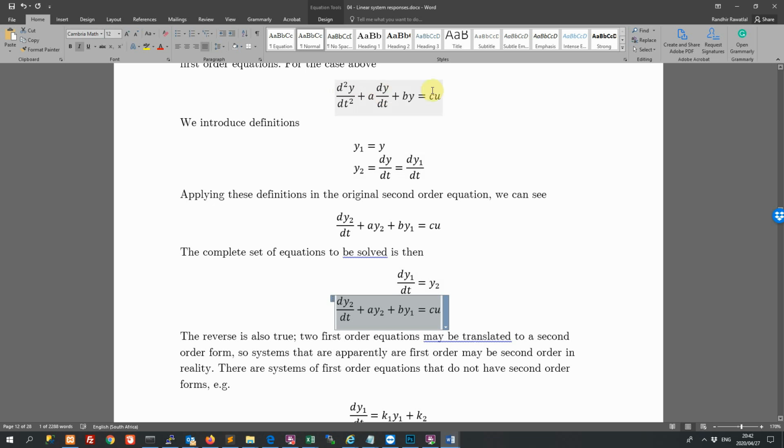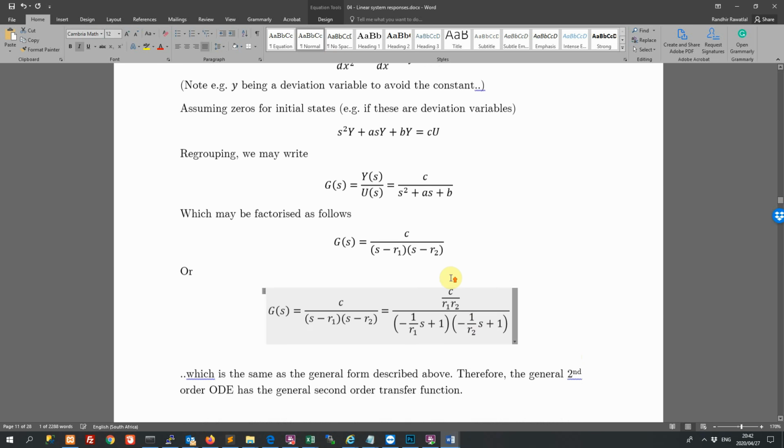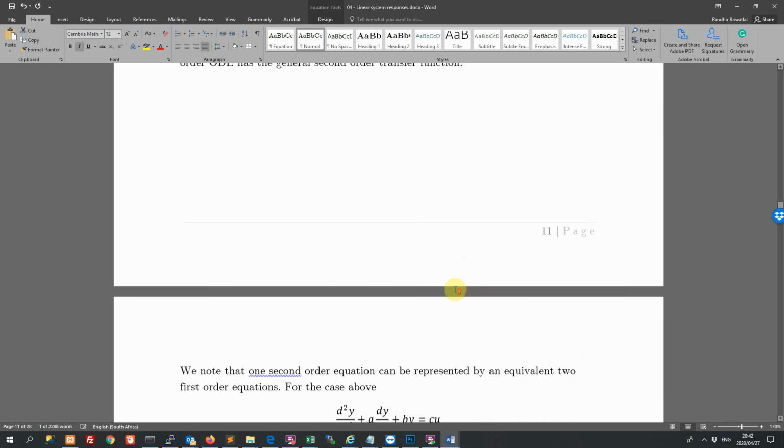If we could get to these two equations from this equation, then implicit to their behavior is a second order behavior. So two equations might actually be a second order form, and the same second order style of things would apply in that case.